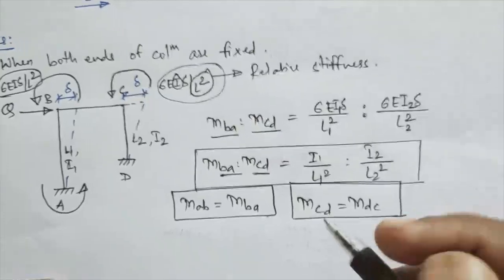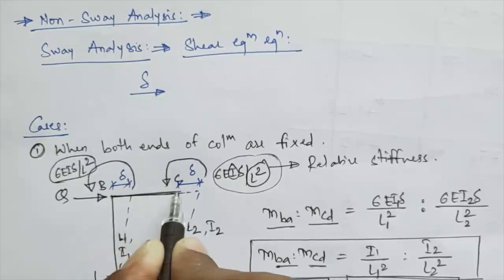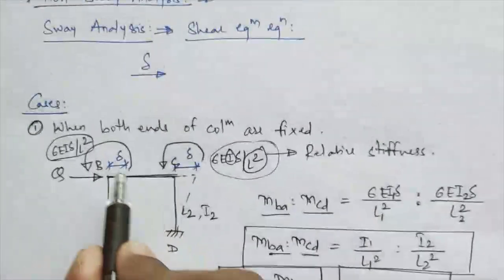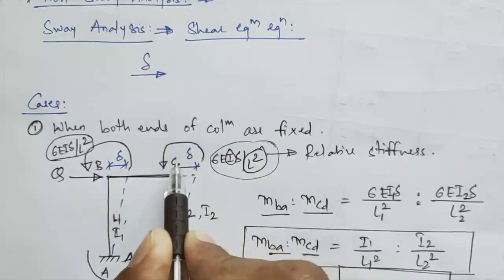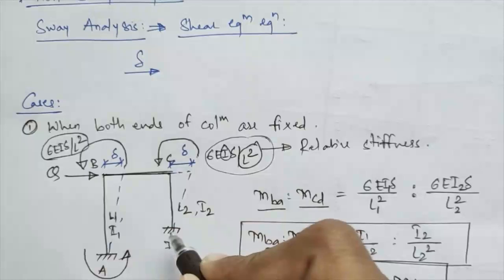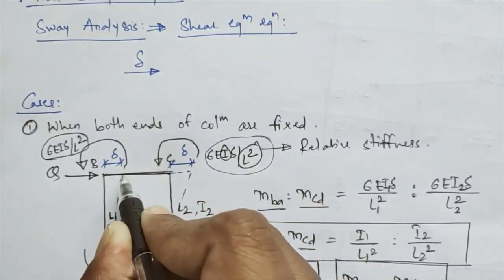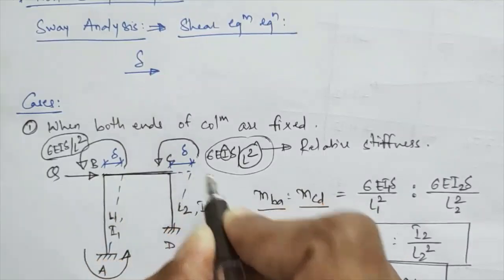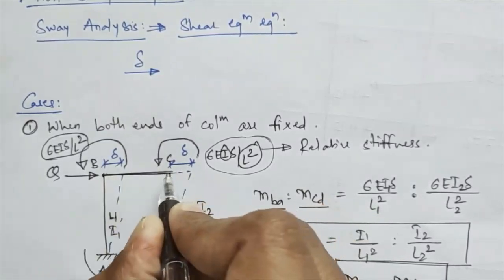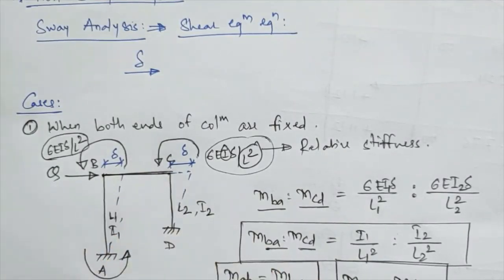One more thing, about the horizontal members we are seeing, that is member BC. The sway coefficient delta will affect only the column members, because if the length of the column is L1, after swaying the length may change or elongation may occur at points B and C. That will not make any effect on the length of the BC member.